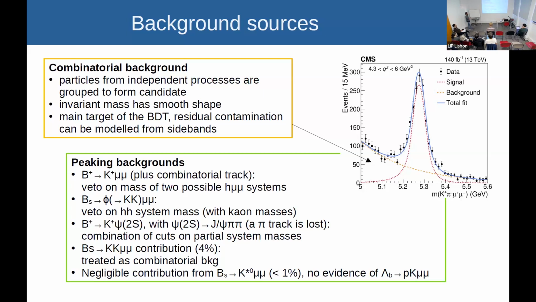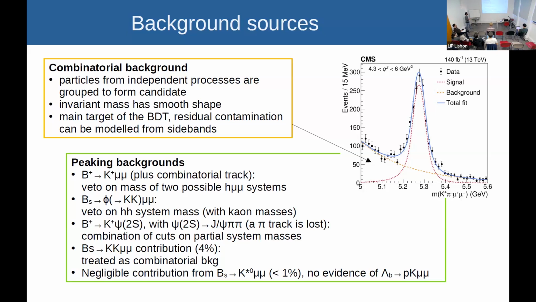This is the main target of the BDT, the main background that it addresses. You can see an example of the final fit. It's a bit of a spoiler, but it's useful to understand also how much signal we have compared to how much background in our data set. The residual contamination can then be modeled using the sideband region. Since it's a smooth behavior, we can predict how it will look also under the signal peak.